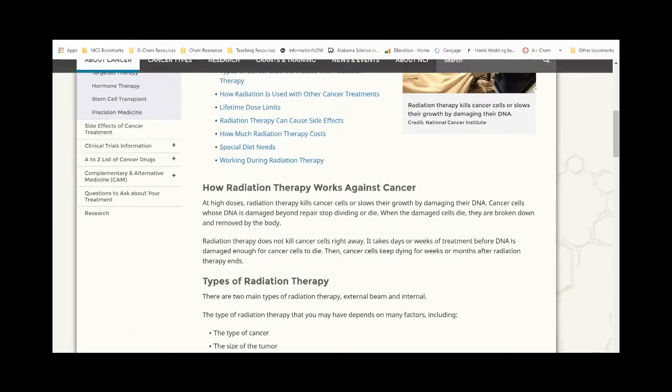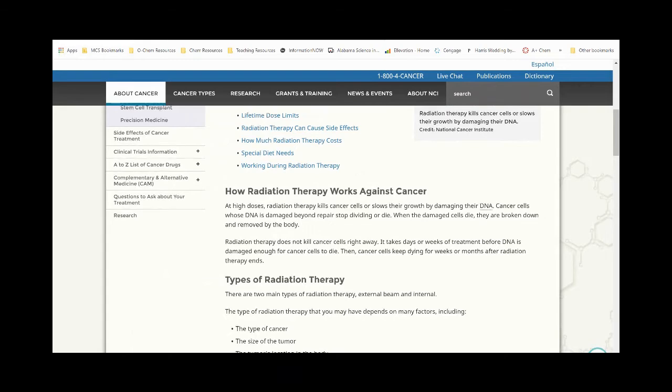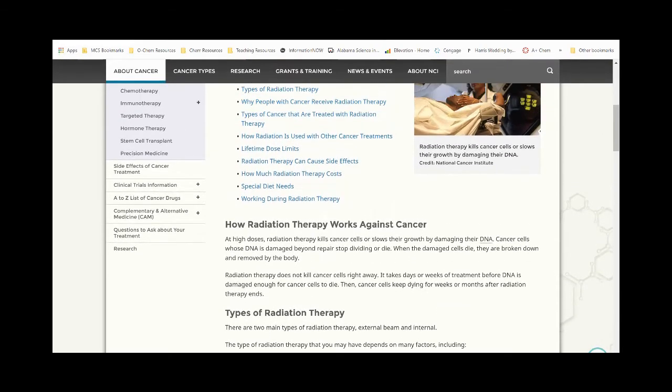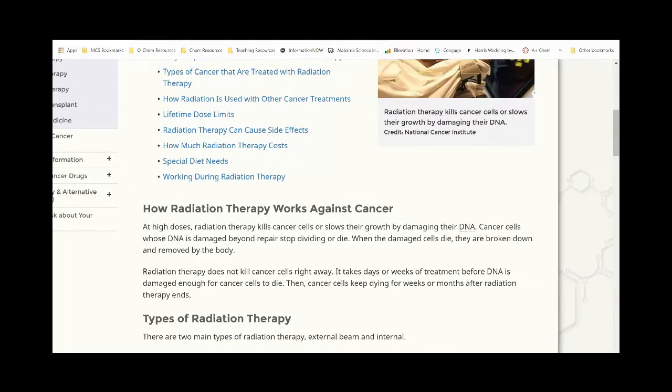The type of radiation therapy that's used depends on the tumor, exactly where they're trying to target. But essentially, high energy radiation damages those cancer cells' DNA to the point where they aren't able to reproduce. Again, that illustrates the point that this is how radiation can be harmful to people, by damaging DNA and damaging your tissues.